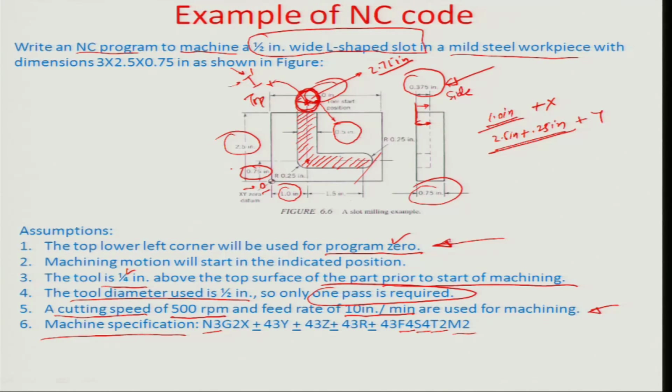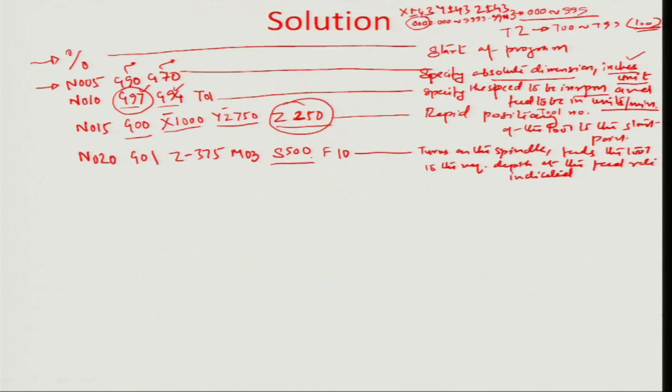So the Y changes from 2.75 absolute coordinates to 0.75, with other things remaining the same, because it's at the same x axis of 1 inch, represented earlier by x plus 1000 in the first step. So we now write the next step simply as N025 equal to Y750.